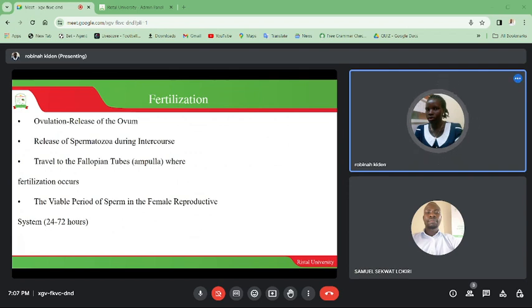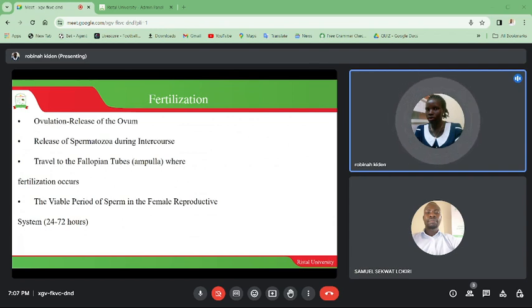Then also we have release of the spermatozoa, which happens in most cases through intercourse. Then this will travel to the fallopian tube, and specifically at the ampulla, where fertilization will occur.